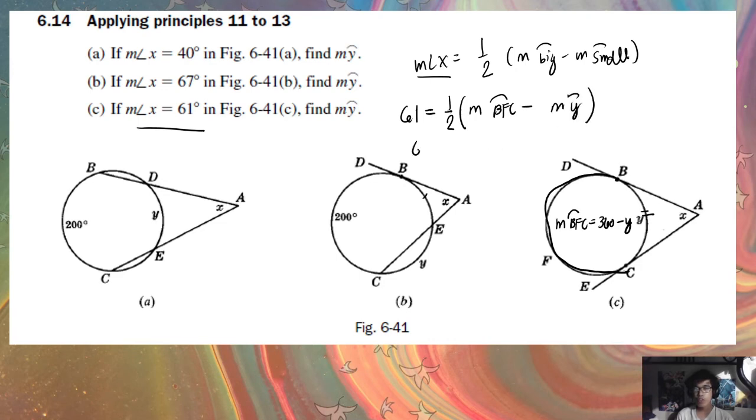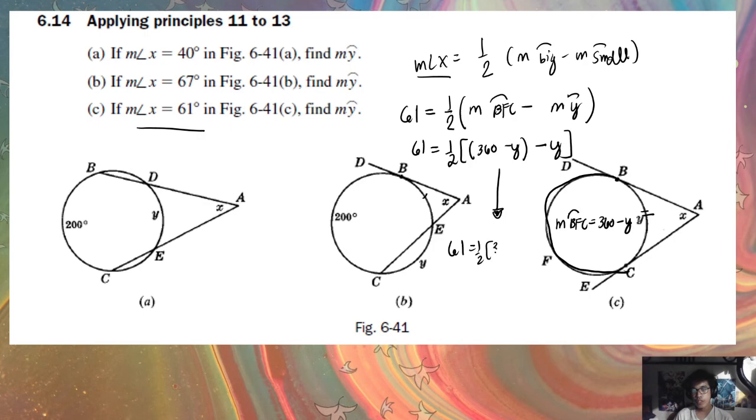So solving for the value of y, we have 61 equal to 1/2 of the measurement of arc BFC, which is 360 minus y, and then minus y, since that's the measurement of arc y. So let's try to write it down here. That's going to give us 61 is equal to 1/2.